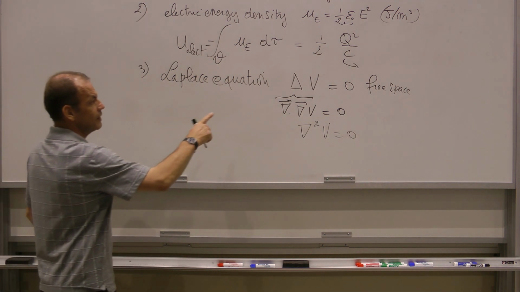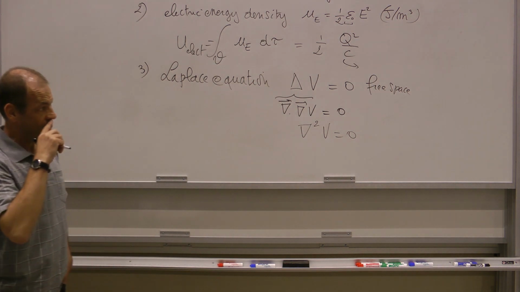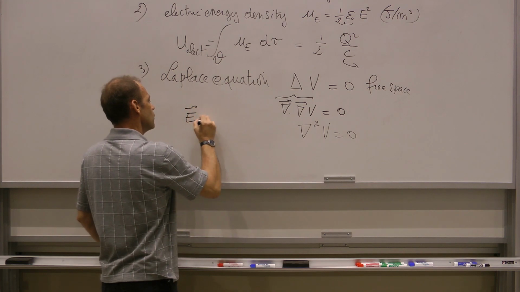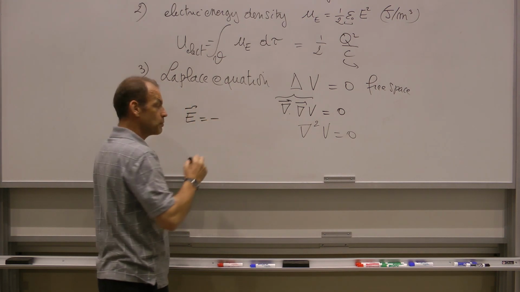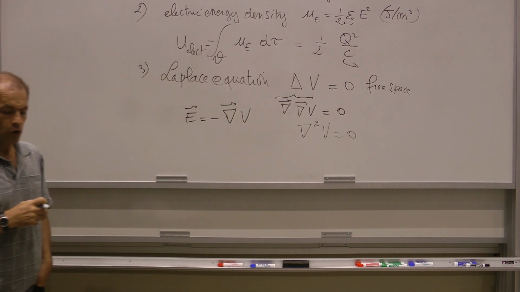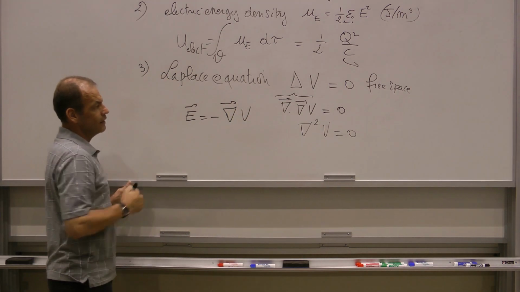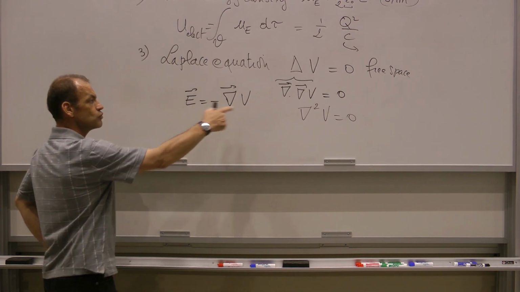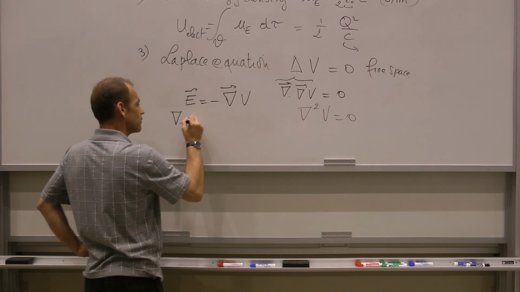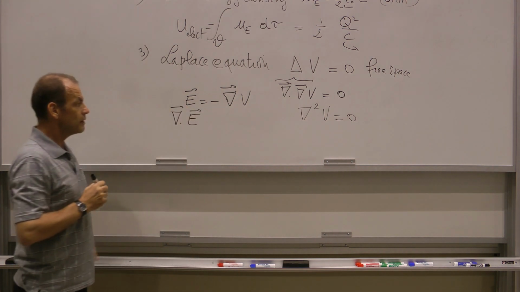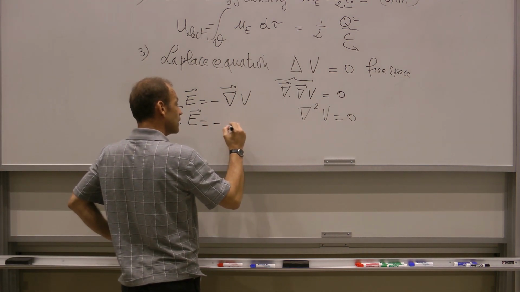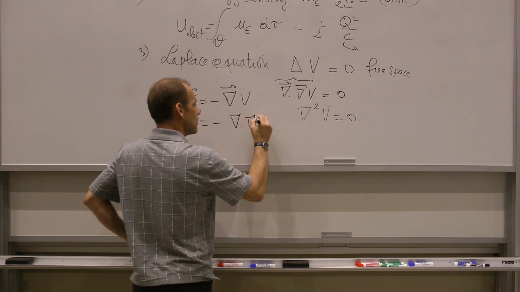So we have seen something somewhat similar in class, because we have seen that the electric field E was the negative gradient of the potential, which we have written in a more formal way as this term. So if I take the divergence on both sides, so I use the nabla operator applied on the left side, so I have nabla dot E, that's the divergence of the electric field. This is equal to negative of nabla dot the nabla V.